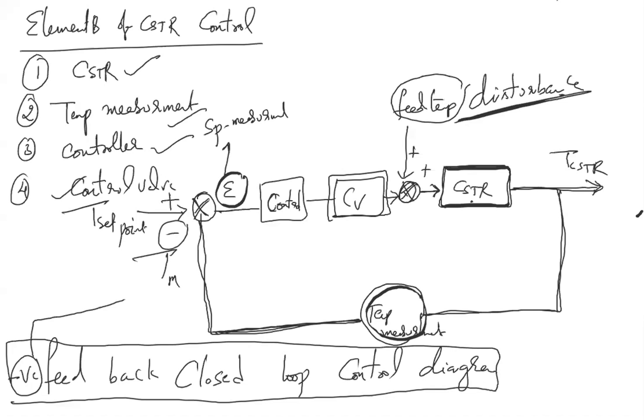It is negative closed loop control because you are generating the error, which is set point minus measurement. Positive feedback means set point plus measurement, which is not used in chemical engineering applications.